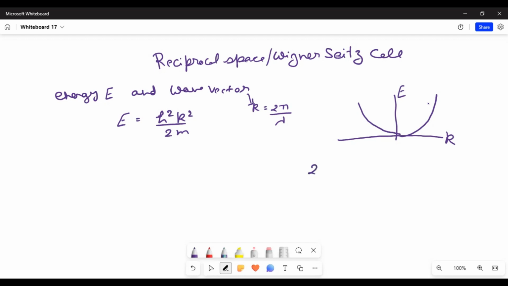For bound electrons the spacing was 2 pi upon k, and for nearly free electrons it was 2 pi upon L, where L was the length of the sample. Now, this L being very big in relation to the atomic scale distance, the spacing between energies is very small. They are so close to each other that it looks continuous.